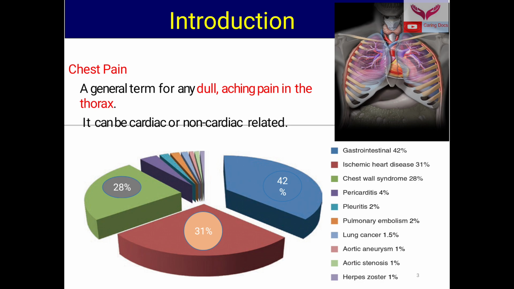Ischemic heart disease related chest pain is only 31% and 28% is chest wall syndrome. 4% is contributed by pericarditis, 2% by pleuritis, pulmonary embolism, 1.5% of cases are lung cancer, 1% of aortic aneurysm, aortic stenosis, and herpes zoster. So most of the cases of chest pain who report to the emergency department are gastrointestinal.